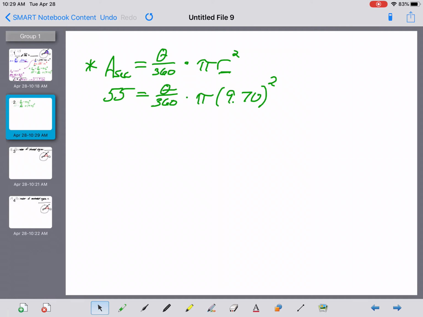Okay. As far as the right side, I'm going to leave the left side alone at 55. And on the right side, I'm going to multiply the pi times the 9.70 squared, and I'm going to divide that by this 360 down here on the bottom. So here's how I'm going to do that, guys.